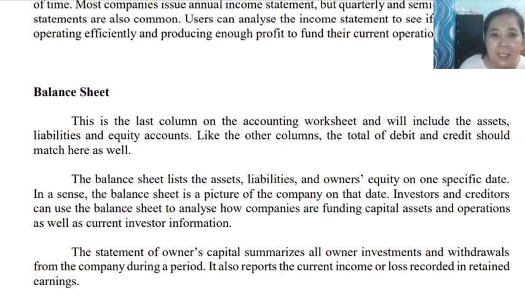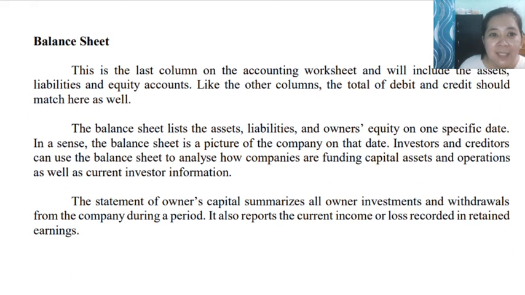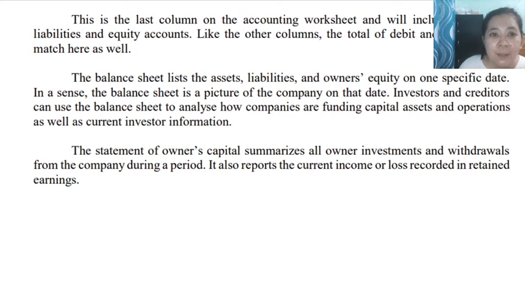So what about our balance sheet? This is the last column in our accounting worksheet. It will include all the assets, liabilities, and equity accounts. In this case, our total debit should always be equal to its credit total. That's why it's called a balance sheet. In the owner's equity account, it will summarize all the owner's investment as well as the withdrawal, or we can also show the withdrawal account of the entity.